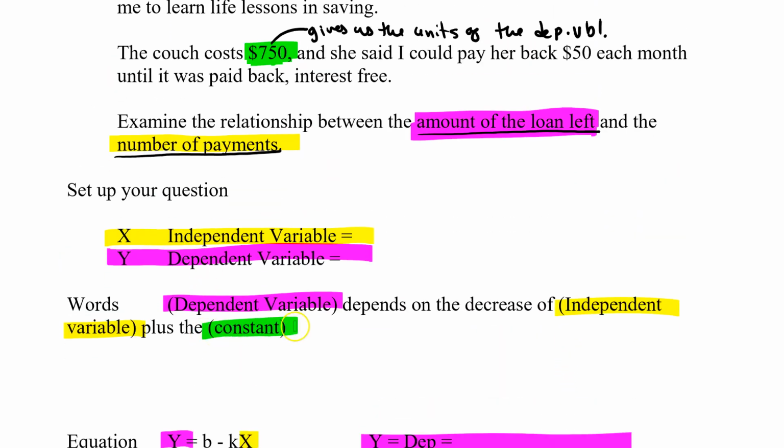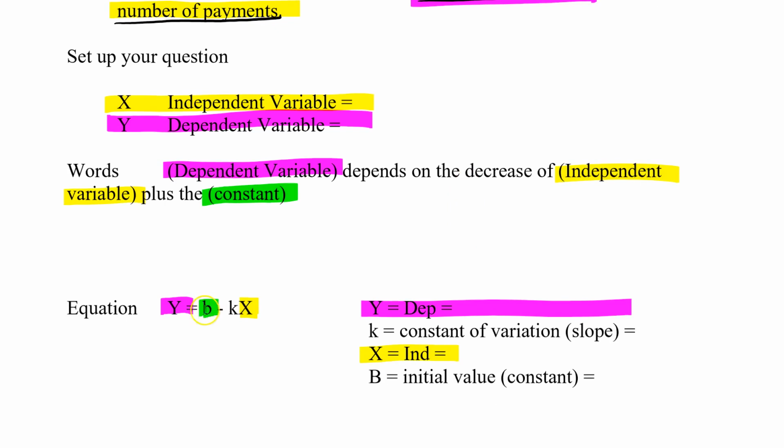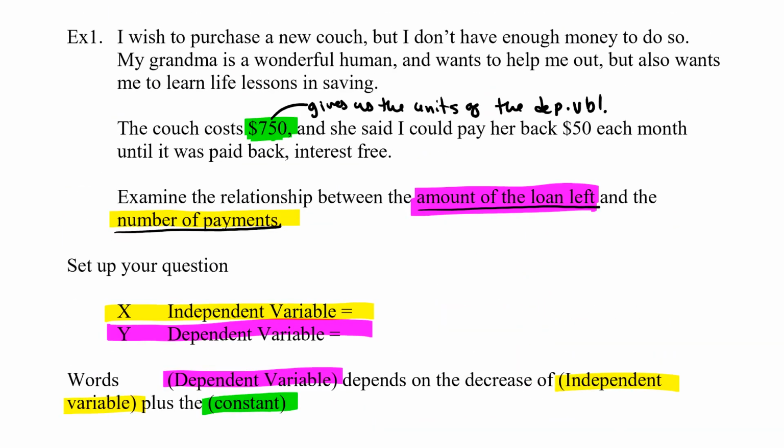That's the constant. That's the same thing as our constant. So I'm just going to highlight that. And whenever we have a cost per, so this one is $50 each month. So the payment per month is going to be 50. We know that that's going to be our constant of variation.